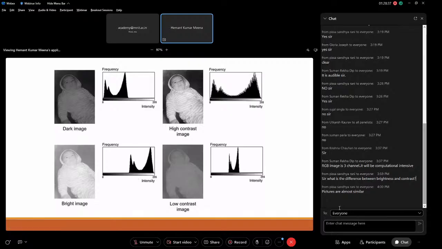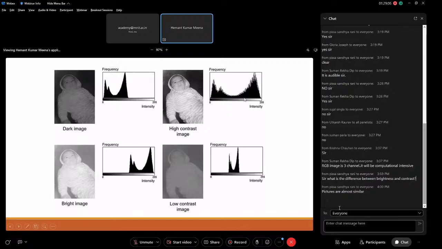The maximum intensity of the pixels lies near 255, within this higher range. Dark is basically the opposite of the bright one. Here it is in the lower range, all concentrated in a very small region. Contrast basically means how widespread the range is.